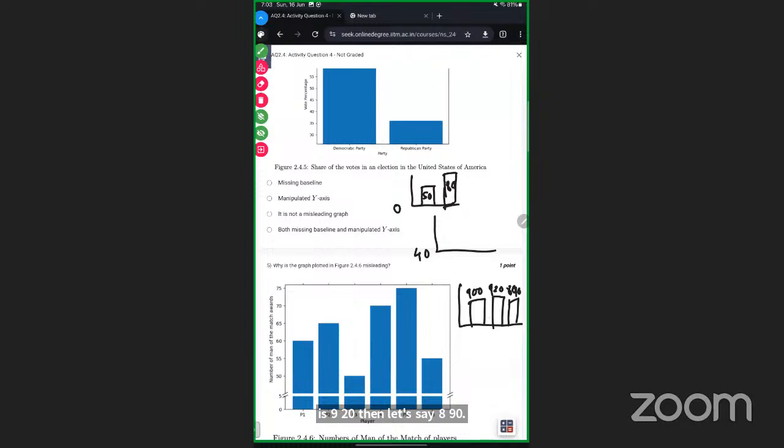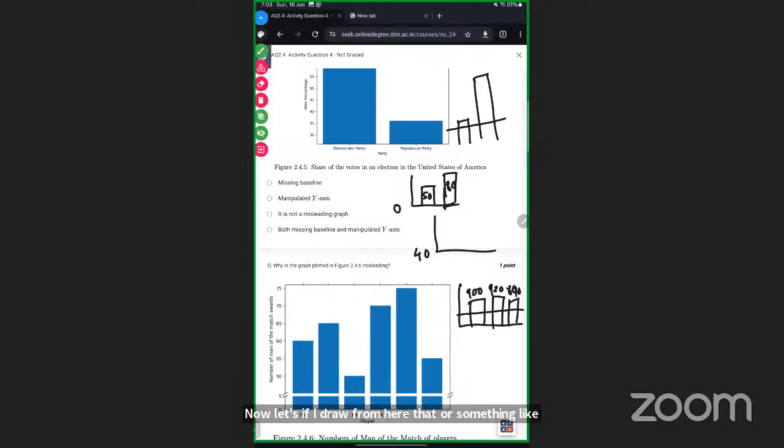In this case, even if you remove the baseline, the data won't be that misleading. It becomes misleading when you have differences between the bars. Like, one bar is like this, another bar is like this.